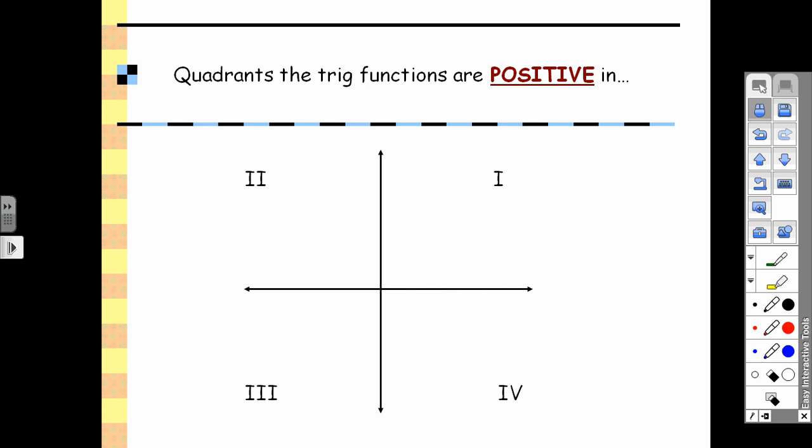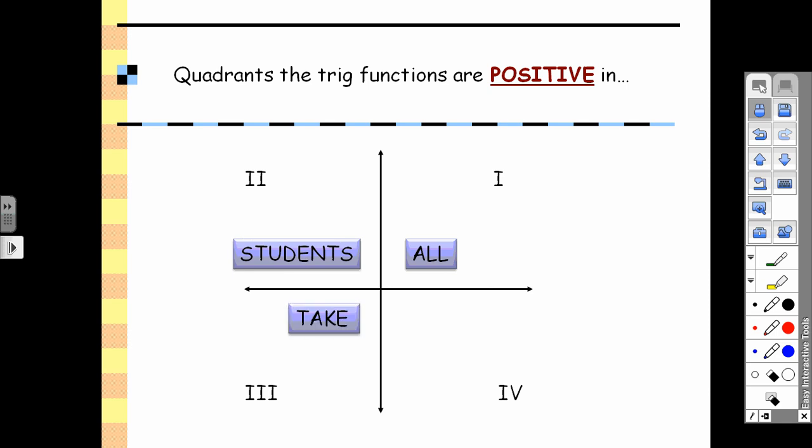So we use this kind of memory device: all students take calculus, whether that's true or not, I don't know, but that's a way to remember which quadrants your trig functions are positive in. Using the first letter of each word tells you which trig function is positive in that quadrant.